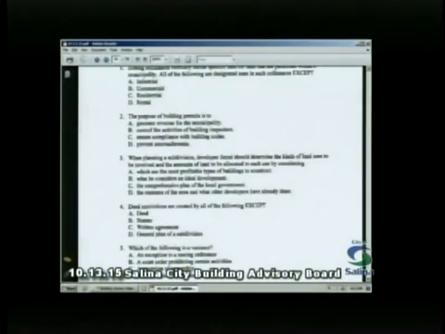The purpose of our building permits is to... I hear a C. Does everyone think C is the correct answer? Some people might think A, but believe me, that is not so. C is the correct answer.